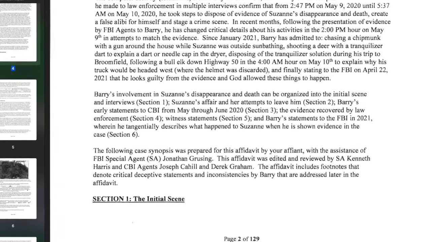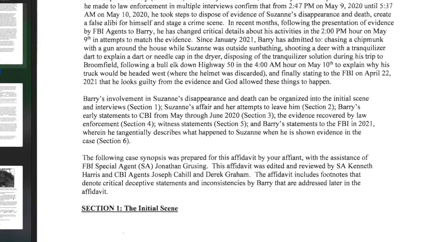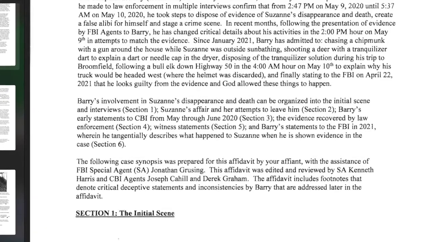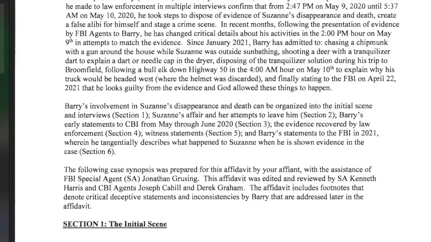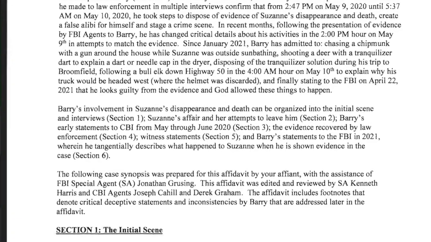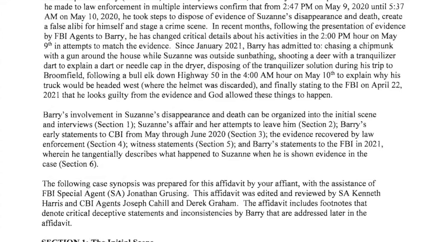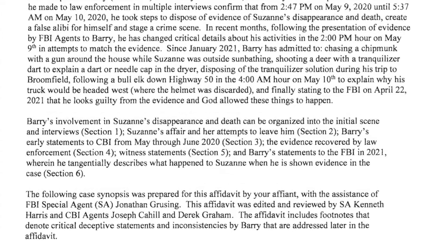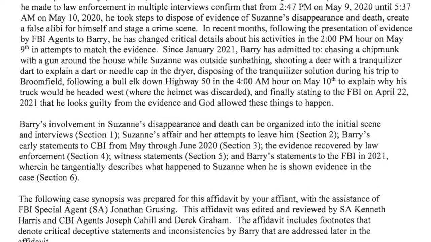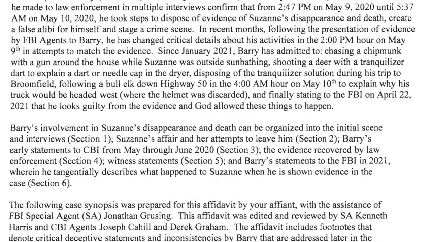We see here on page 2 of the arrest affidavit, it says, since January 2021, and remember, Barry's been interviewed by law enforcement several times up to this point, and he's never admitted this before January 2021. He admits to chasing a chipmunk with a gun around the house while Suzanne was outside bathing.